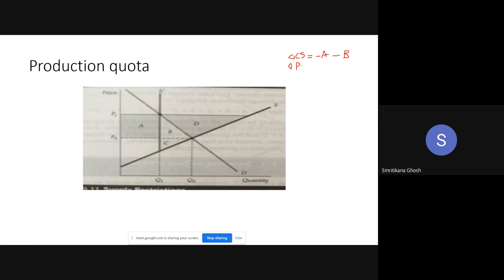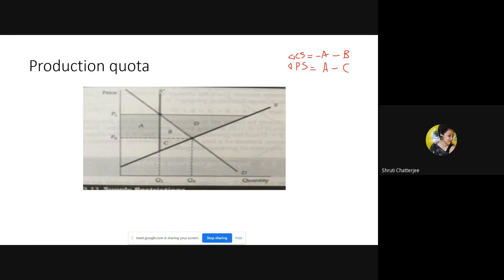What about the producer surplus? Initially, the producers are receiving P0. Now the producers are getting P1. So obviously, A is the gain. C is the loss because they cannot sell the equilibrium quantity now. Anything else you want to say?